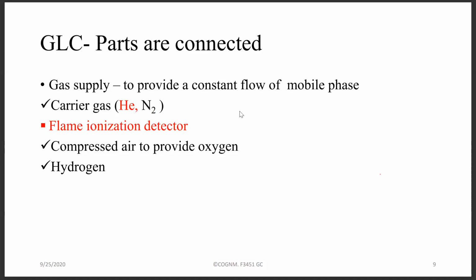This combustion will produce water. But when our analyte passes through, it will cause ionization. The flame itself won't be affected, but ionization will occur due to the presence of the analyte. So then the detector can detect the ions.